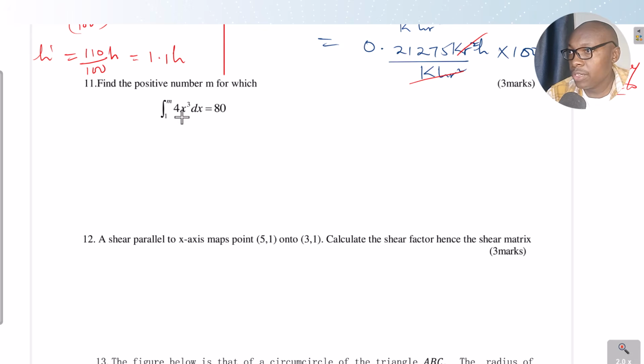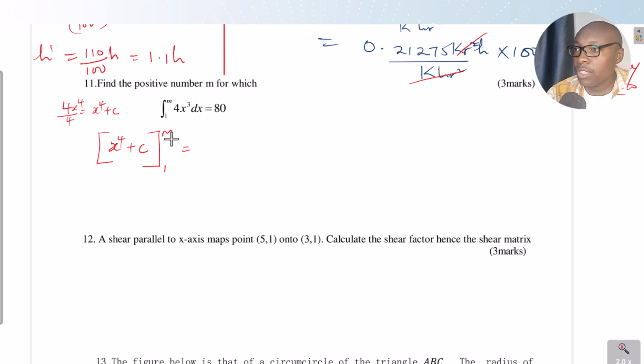When you integrate 4x cubed, you get 4x raised to power 4 divided by 4. So this one will give x to power 4 plus c. So that is what you get.